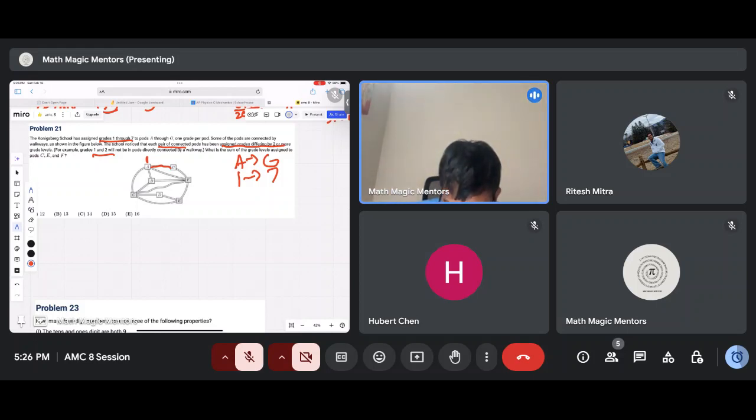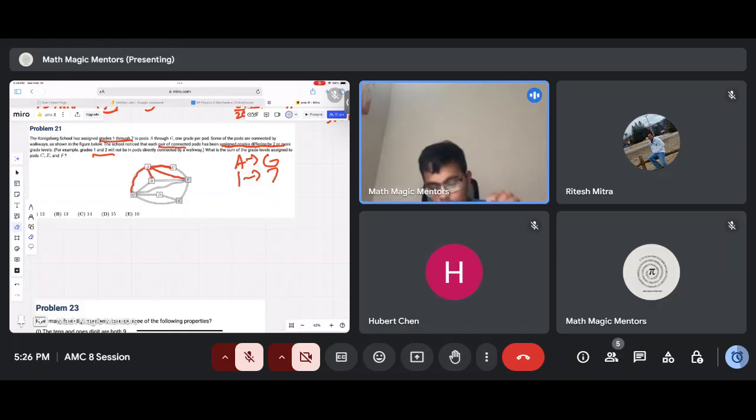All right, so let's look at this diagram for a bit. Let's see how many connections pod A has. Pod A has one connection here, one here, one here, one here. So pod A has four connections, right?